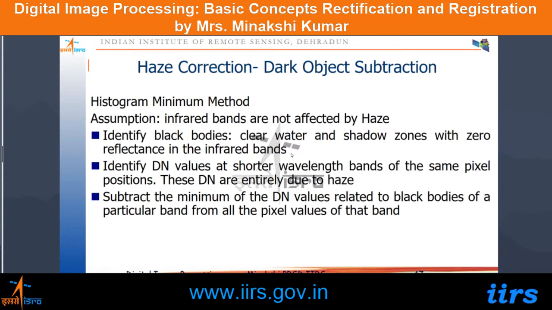If there is a small reflectance from clear water, which ideally should have been 0, or from a shadow, it is assumed that it is due to haze, the scattering of light. So we have to identify such areas if they are present in your scene, clear water and shadows. This value is assumed to be due to haze, and it is subtracted from all the DN values of that band.